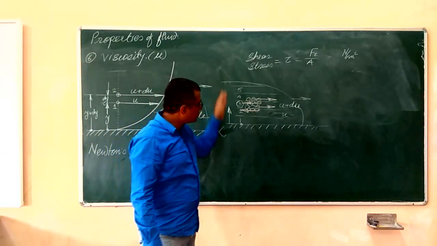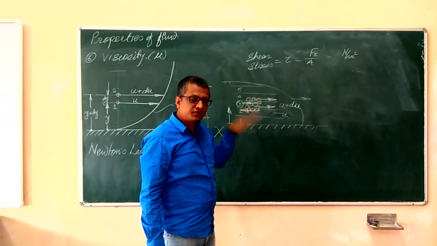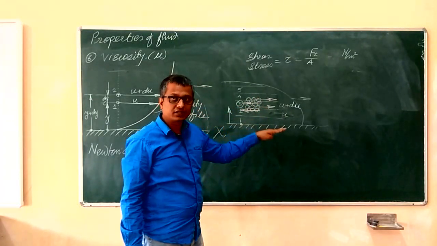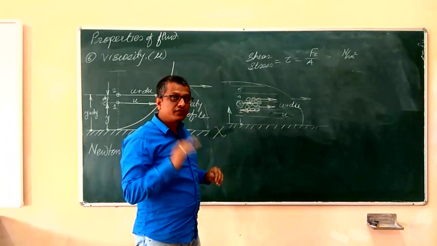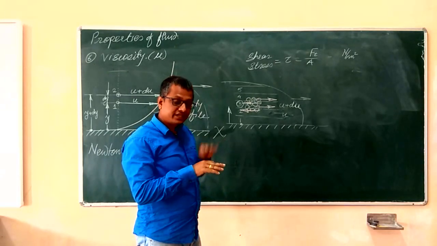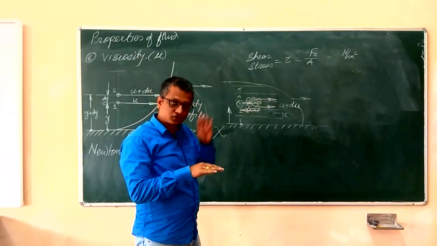So when the fluid is flowing, various layers of the fluid slide smoothly over one another, and while they are sliding, due to the cohesive force, every layer exerts a tangential force onto its adjacent upper or lower layer.